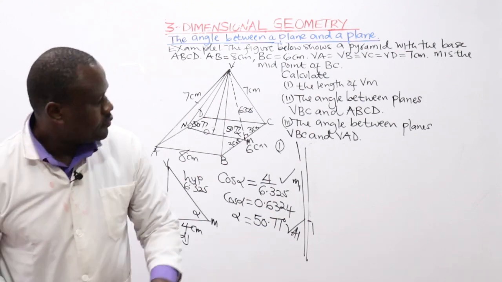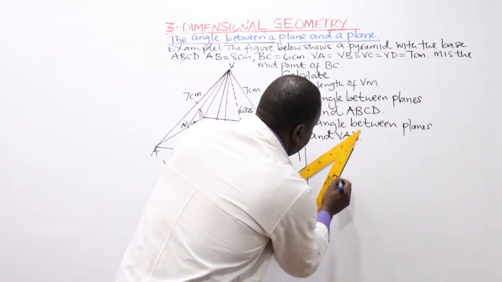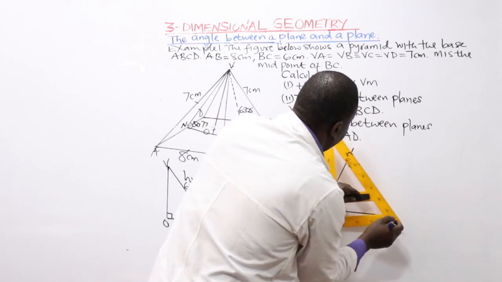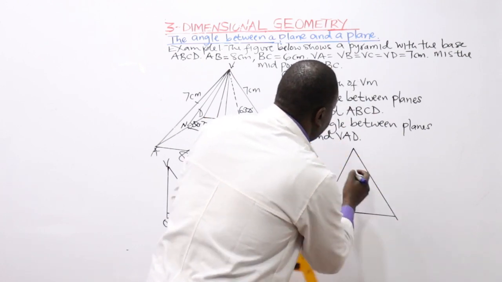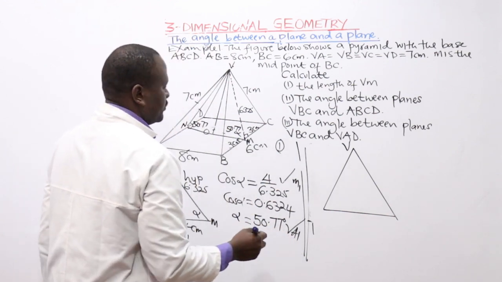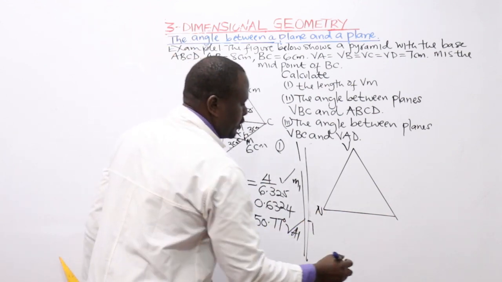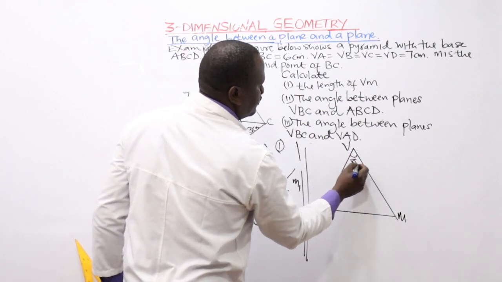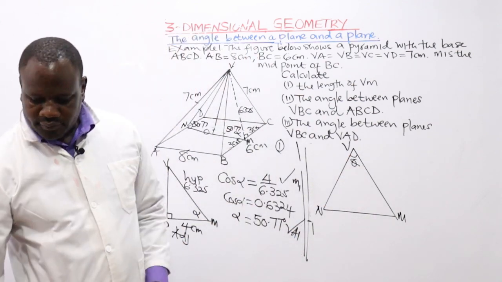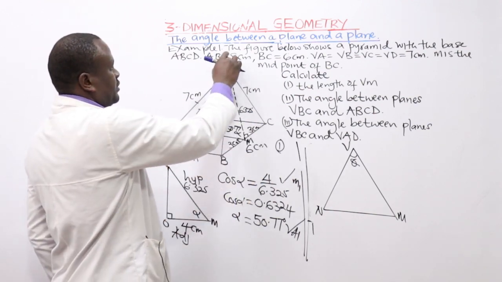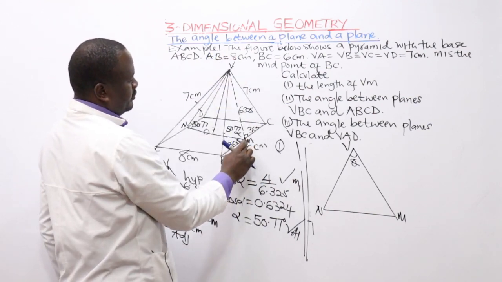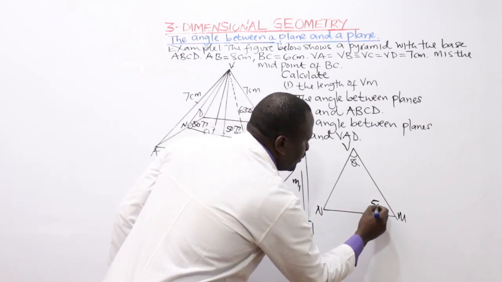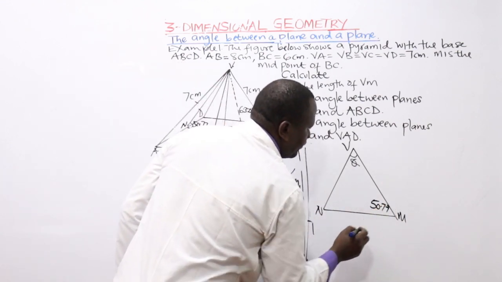So we shall have these two lines on either side. This is V, this is N, this is M. So what is this angle? Now, this line and this line make 50.77.